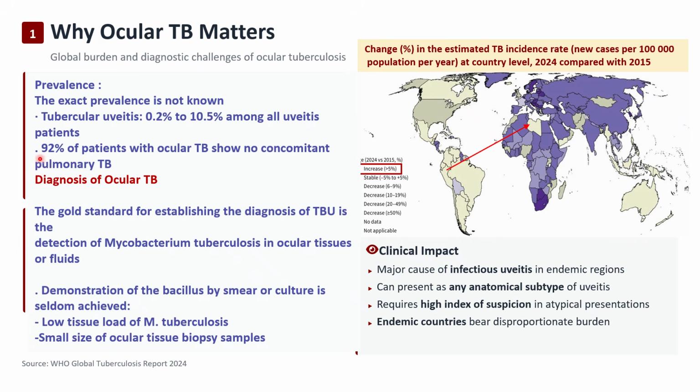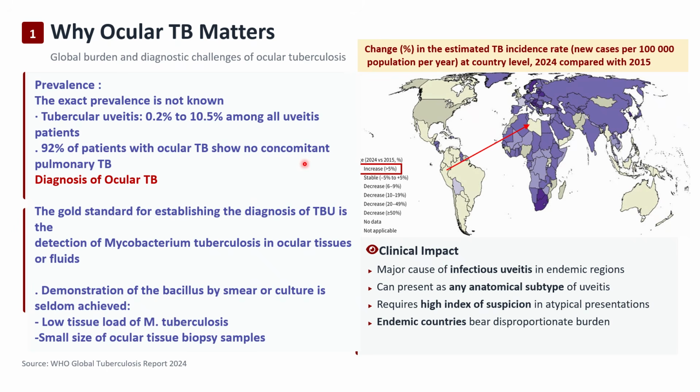And keep in mind that 90% of patients with ocular tuberculosis do not necessarily have concomitant pulmonary tuberculosis. And this is the answer to the first poll question that I placed at the beginning of the lecture. You should not rely on detection of pulmonary tuberculosis to diagnose ocular tuberculosis. So 90% of the people who present with ocular TB don't have concomitant pulmonary tuberculosis.